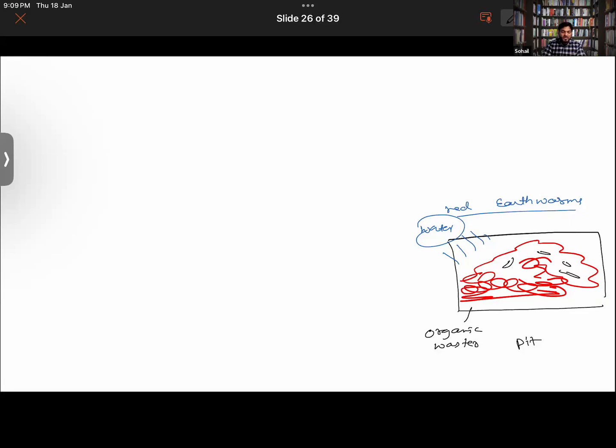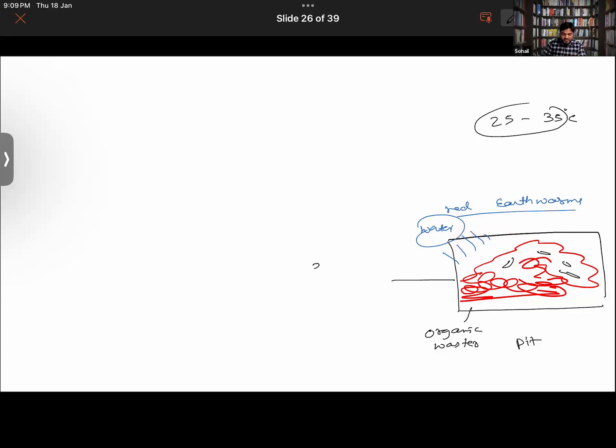There has to be a normal temperature of 25 to 35 degrees Celsius. Between this temperature, vermicomposting is done. Okay. So basically you will dig a pit and put all the organic matter in it, and you will cover it using a cage-like structure. Then you will keep on sprinkling some water over it.